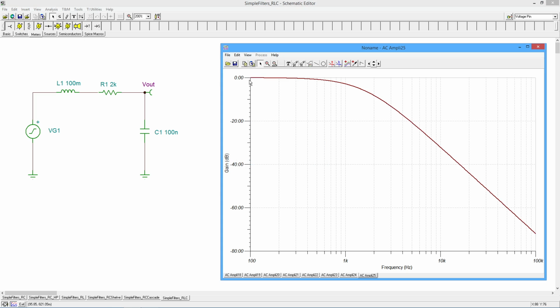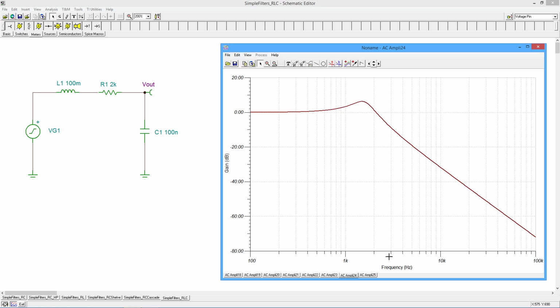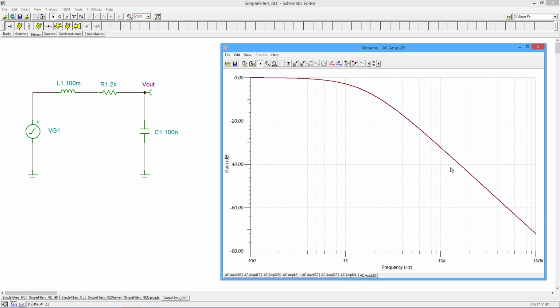So we notice we've shifted up here from 0. There is no peak. It just drops off in a pokey manner instead of that little bit of resonant peak that we saw before. But ultimately, that roll-off is still going to be in that 40 dB per decade range.